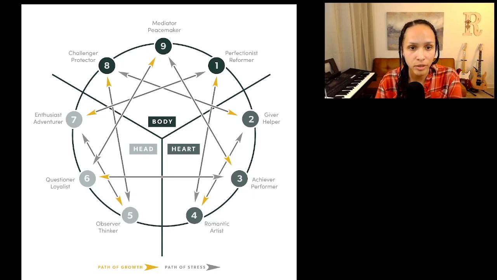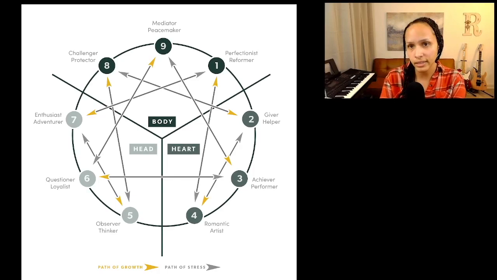And I'm going to keep exploring 2 just because I'm most aware of it. But as a type 2, as you can see, it is interrelated to type 4. There's an arrow going from 2 to 4, and then there's an arrow going from 2 to 8. So under stress, as a type 2, when I'm stressed out, I can very well look like a type 8. It's more so that type 8 in and of itself is a little different than type 2 going to 8 under stress.